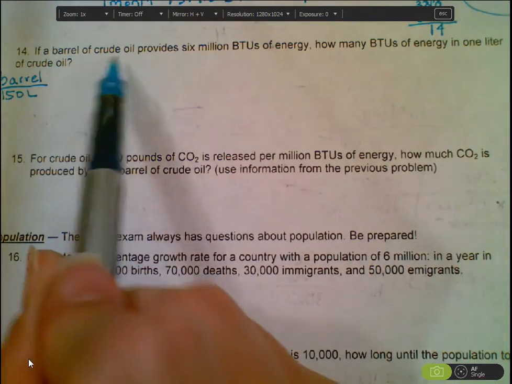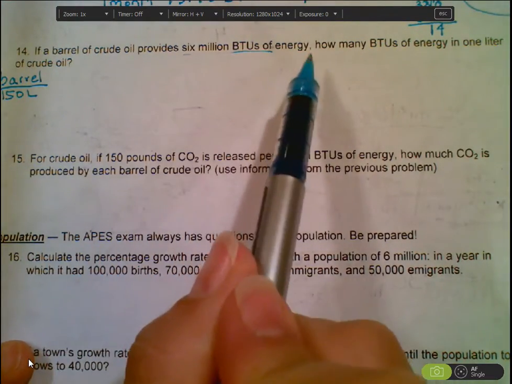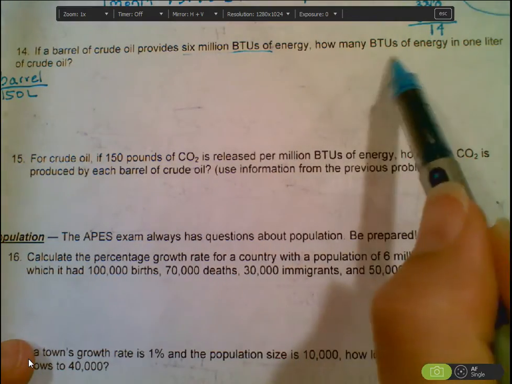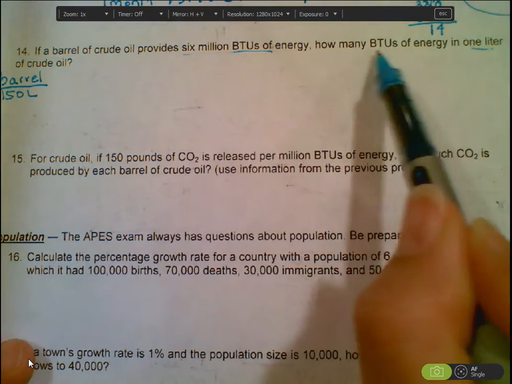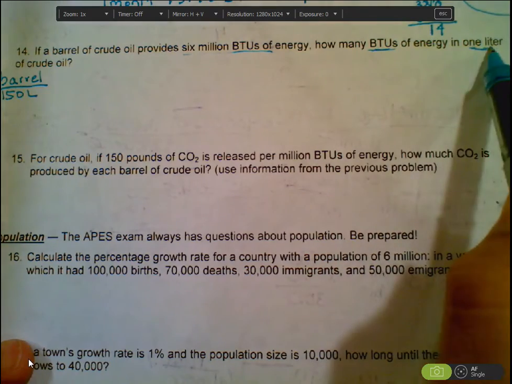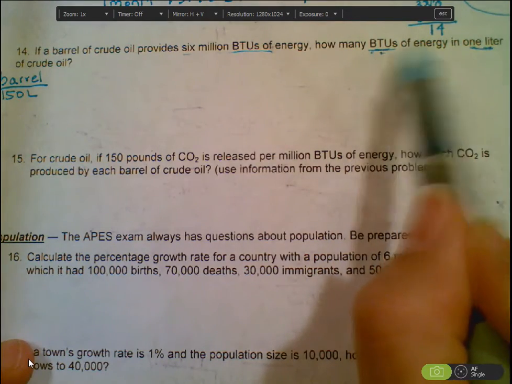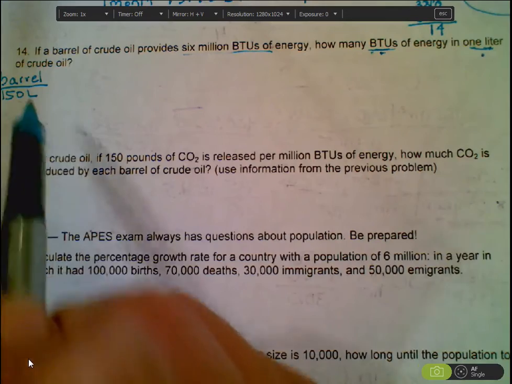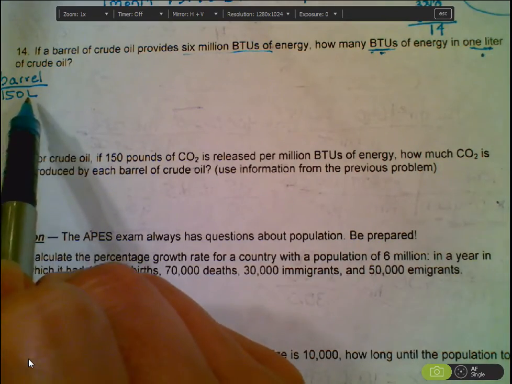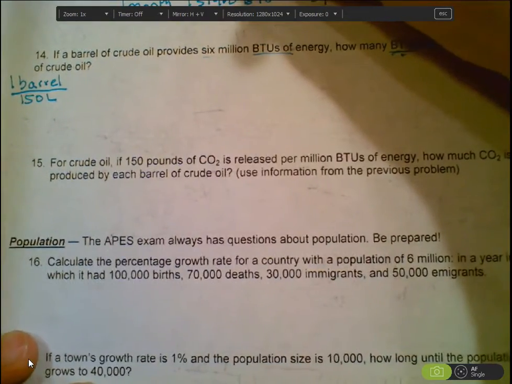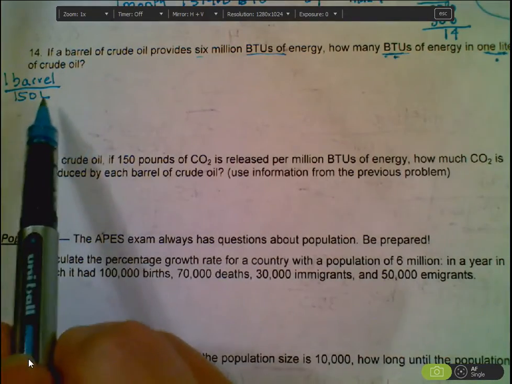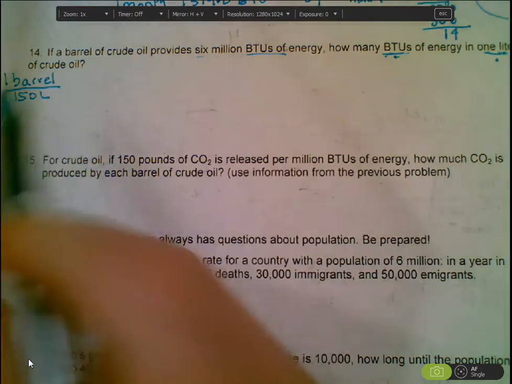Okay, so we know that 1 barrel of crude oil provides 6 million BTUs, but how many BTUs of energy in a liter? Basically, we want BTUs per liter. So BTUs has to be on top and liters has to be on the bottom. I'm kind of in good shape over here because I coincidentally went ahead and wrote 1 barrel over 150, and that means liters, at the moment, is on the bottom, so that's a good thing.